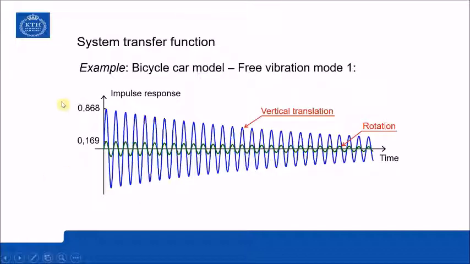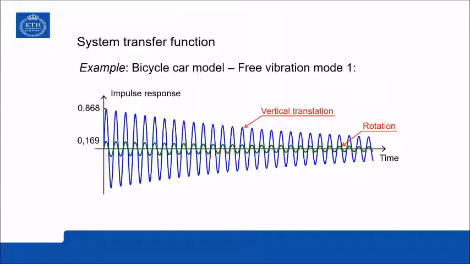So if we plot these, we can see mode 1. If we plot the impulse response functions, you see the motion here is in phase, and actually here it's wrong. This should be the rotation, because that was larger in this case, and the green curve should be the rotation.